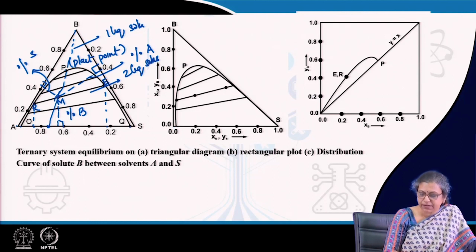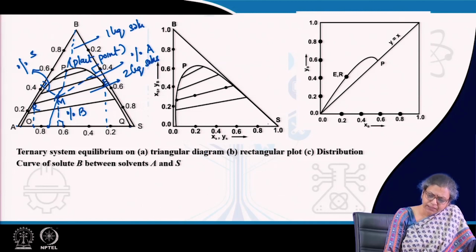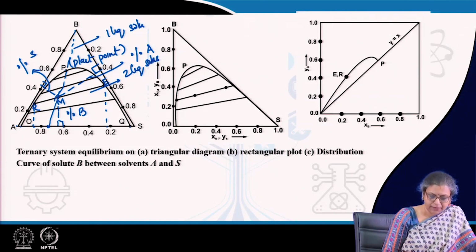The composition of S in the raffinate and the extract phase is denoted on the x axis, and by difference from these we find the composition of A. In this case also, we can show the two phase zone, the single phase zone, and the tie lines.